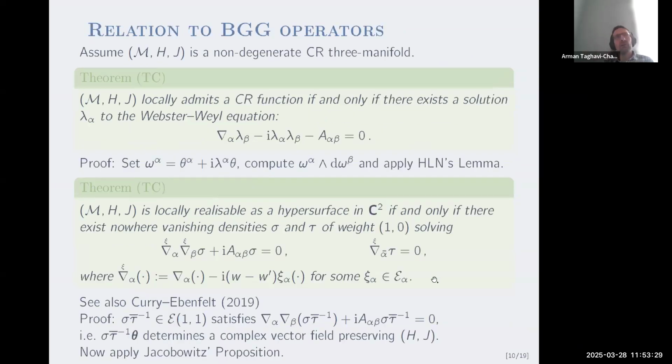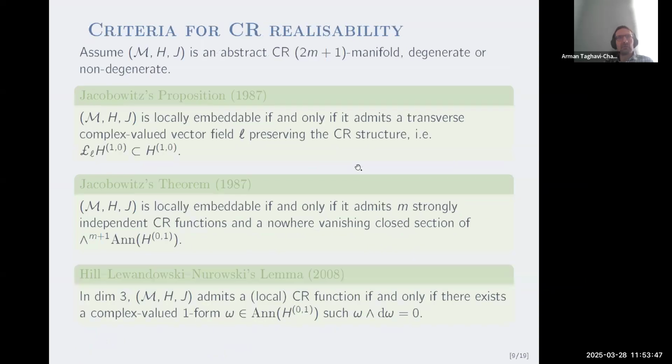I've reformulated all these theorems in terms of these BGG operators. I will not go into details because it's quite technical. The first one was concerned with the Hill-Lewandowski-Nurowski lemma regarding CR functions. Let me go back to this equation.